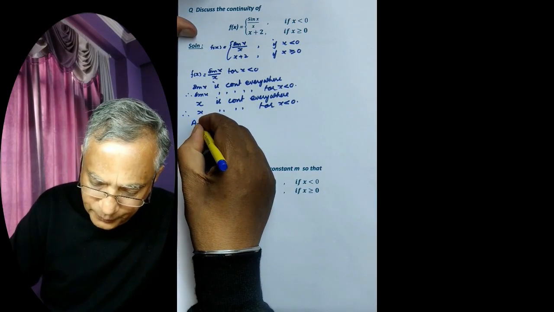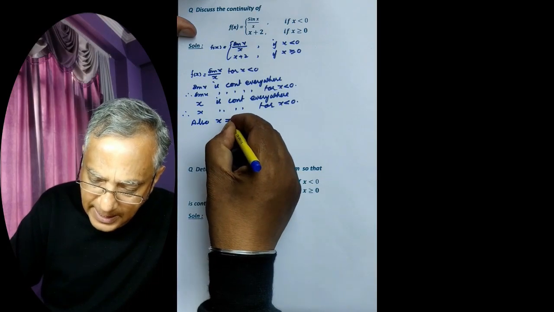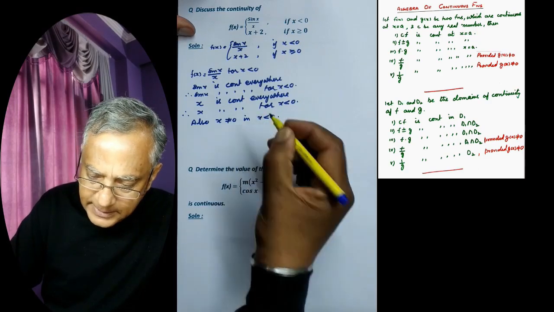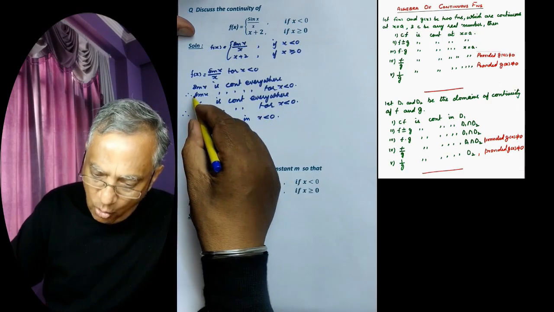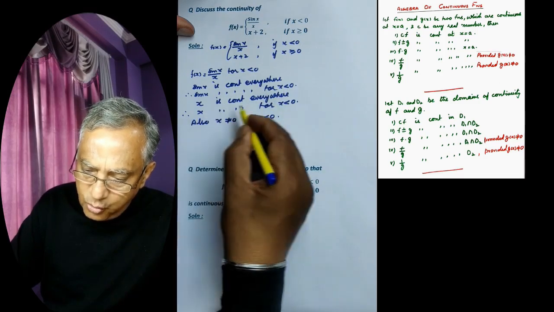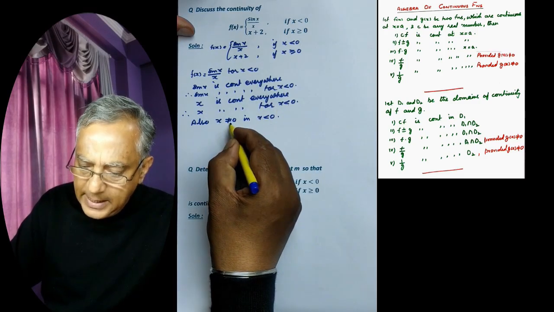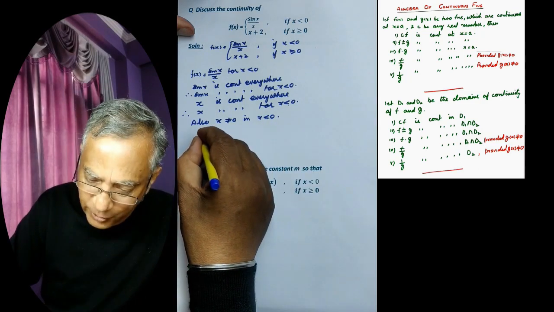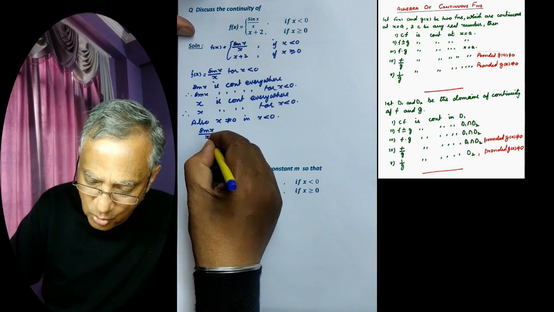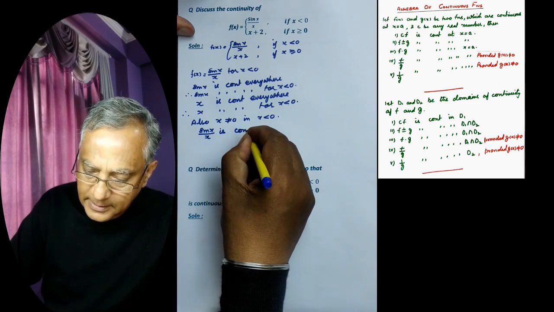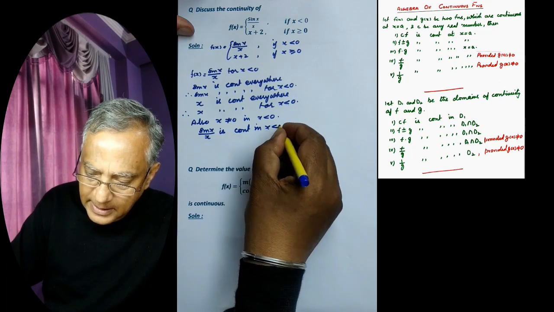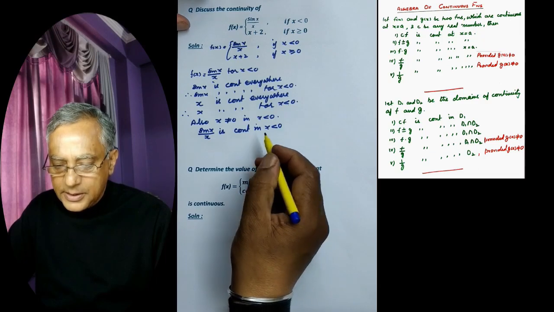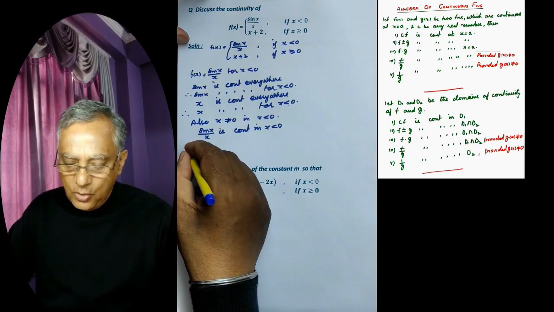And also x is not equal to 0 in x less than 0. Therefore, since f is continuous for this, g is continuous for this, and g is not equal to 0 in this interval, f over g, that is sine x over x, is continuous in x less than 0.